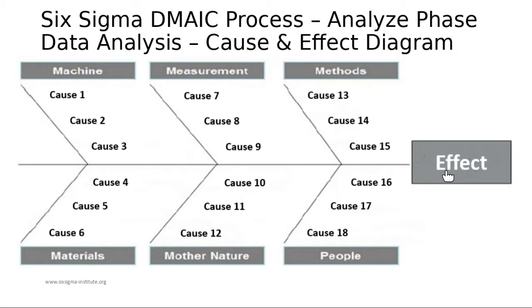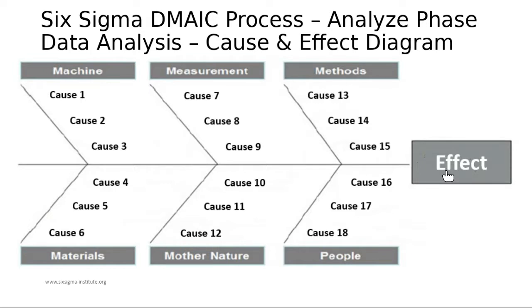This diagram, as with the other names I mentioned earlier, Ishikawa, fishbone diagram, is also called root cause analysis. You show the symptom, or the effect, or the issue statement, in the first box, and then you show the causes of that effect categorized by segment, whether methods, measurement, machine, materials, nature, or people, as applicable to your case, or you may have others.